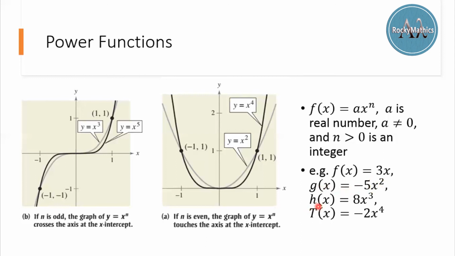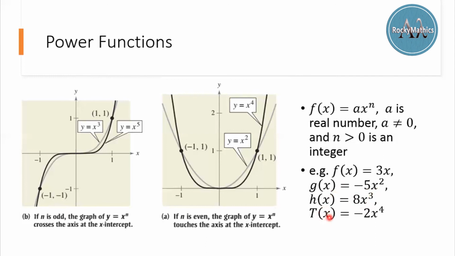How about h of x equals 8x cubed? Okay, the graph of this looks like x cubed. It differs only in the coefficient, which is 8. So all we have to do is graph x cubed first, then multiply each y value by 8 to sketch the graph of 8x cubed.